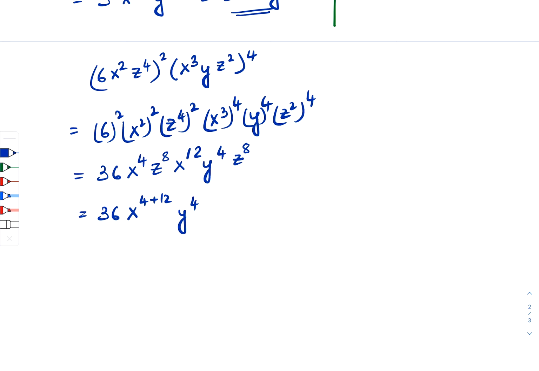Keep the y as is. And for z, the same rule applies, 8 plus 8. So that becomes 36 x¹⁶ y⁴ z¹⁶. Hope that made sense.